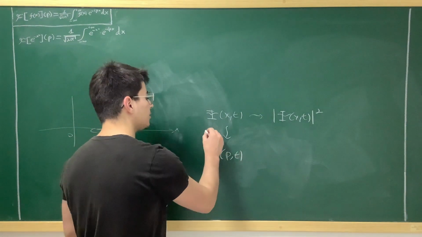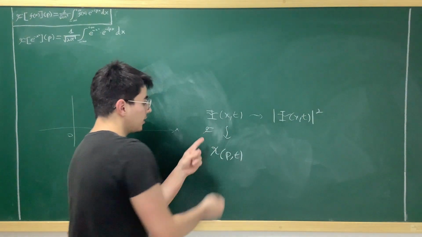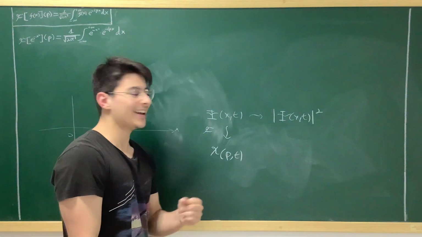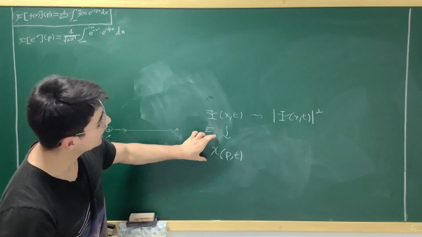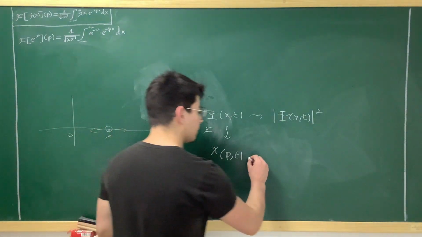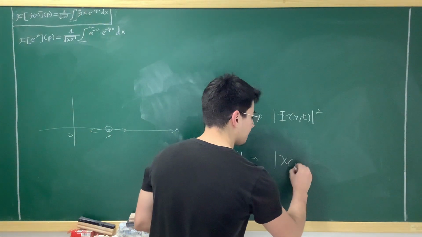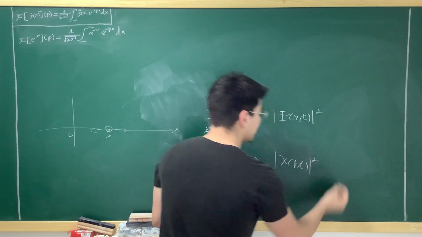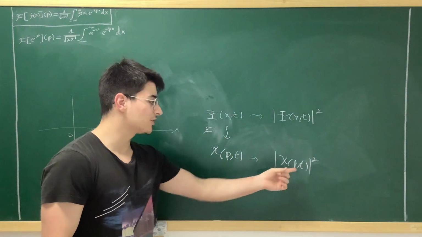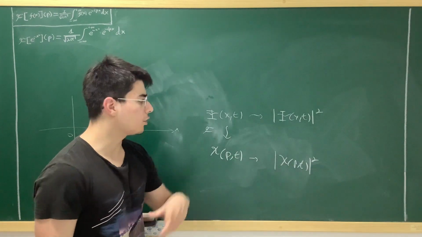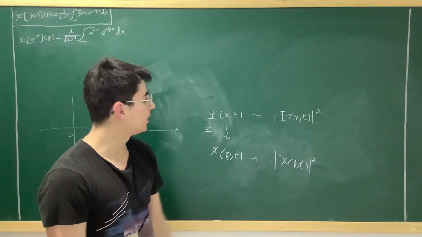To find this function, we just take the Fourier transform, which I'm going to denote by this calligraphic F. So we take the Fourier transform of the wave function, and we get another wave function, which, if we take the modulus squared, gives us, again, the probability of a particle having some momentum p. We're no longer talking about position, but momentum.